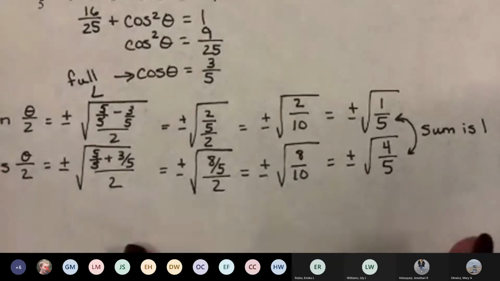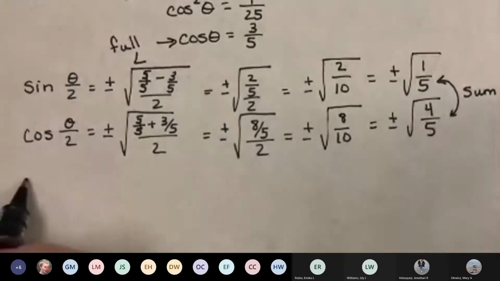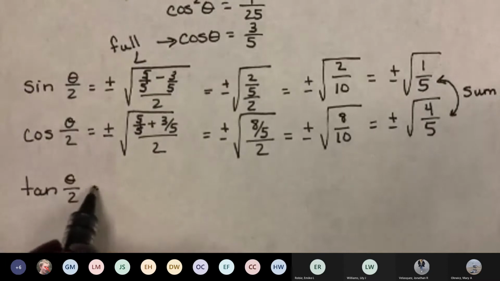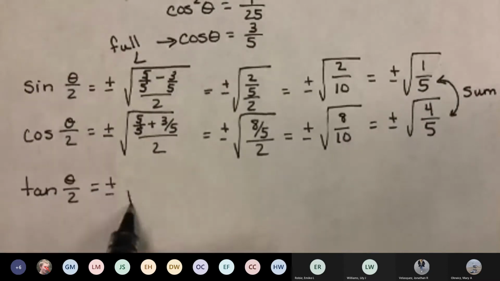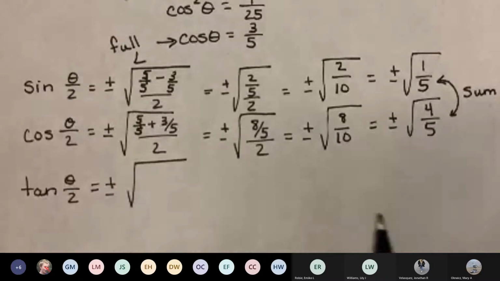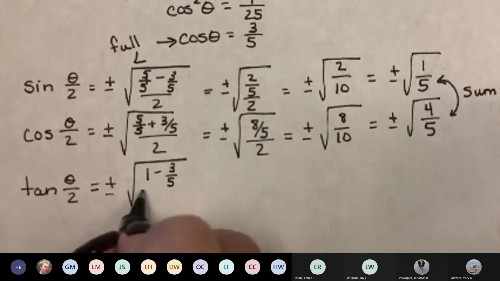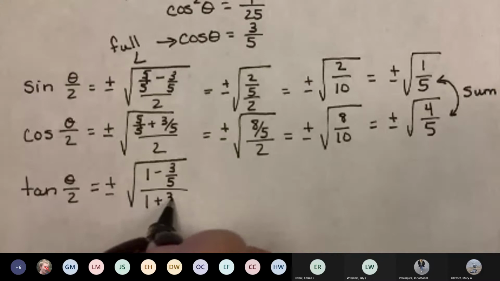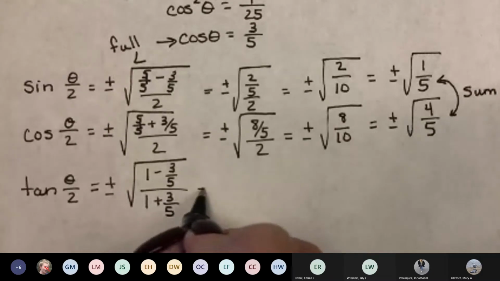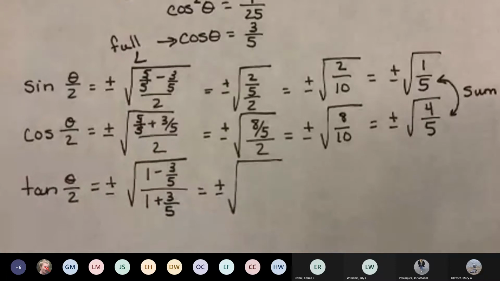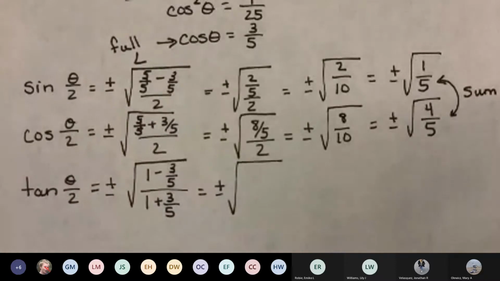All right, then we're going to go to our last one, and that is tangent of theta divided by 2. And again, the reason that I picked this formula from all others isn't because this formula is the best one. It's because I've already done all the math, and all I'm doing is just plugging things in. Okay, step number 1, fill in your formula.